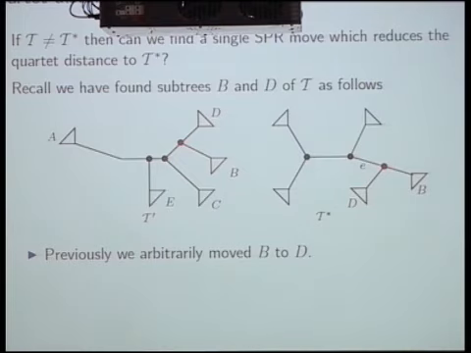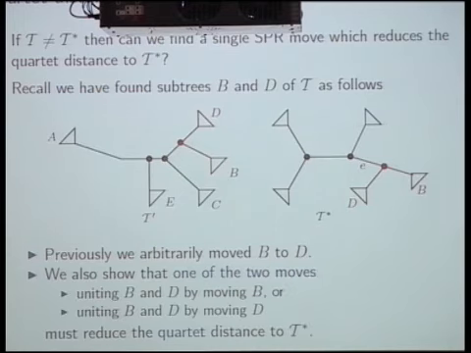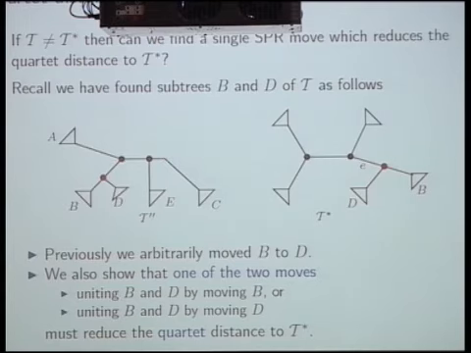And this move gives you a reduction in the RF distance and a reduction in the tree length. However, one of the two moves, either this one where we have moved B up, or the other one where we move D down, one of these two must reduce the quartet distance. But here you do need to consider both and weigh them up against each other, whereas for the tree length we could just consider either one.